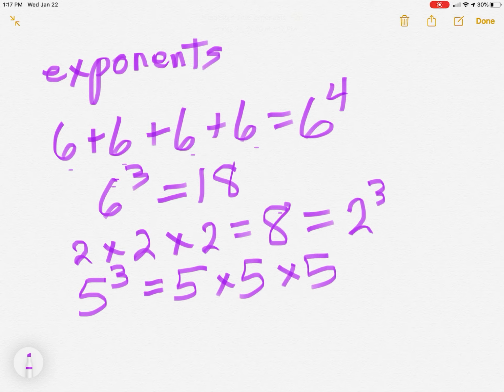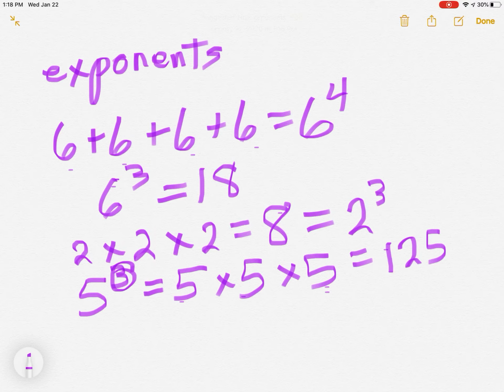How many times? 3 times. So that's equal to 5 times 5 is 25, times 5 is 125. Okay, so that exponent simply means how many times you're going to multiply them. Okay?